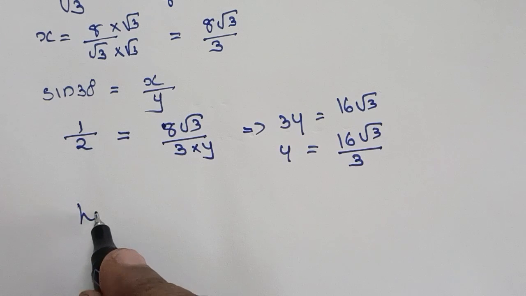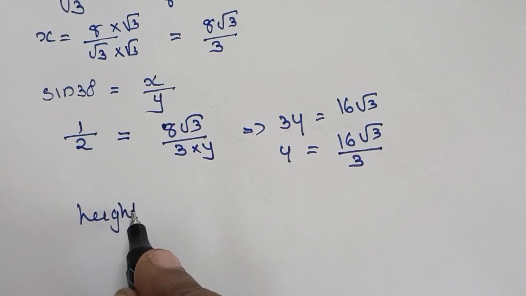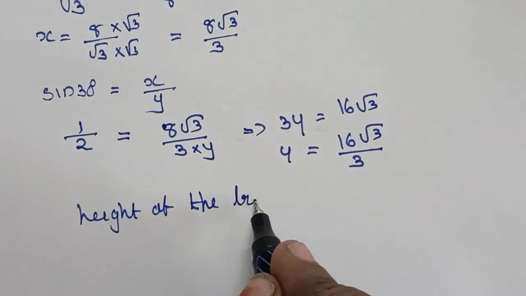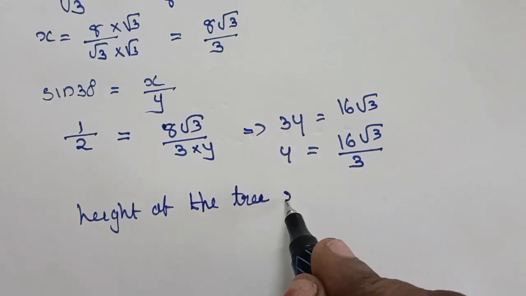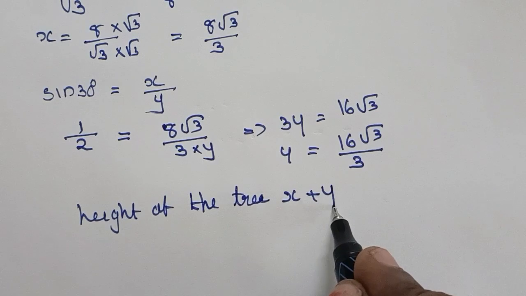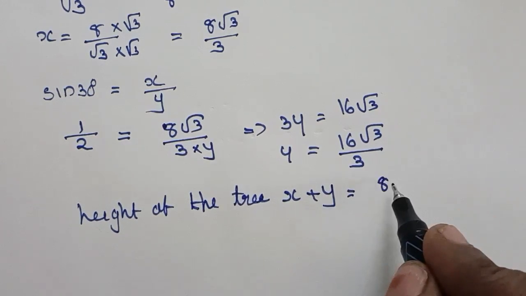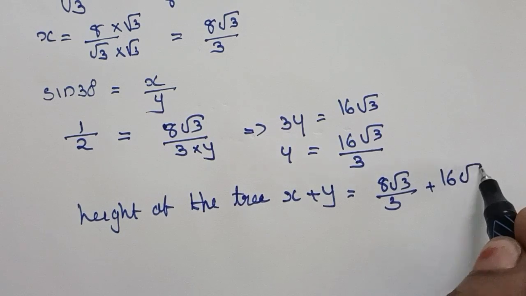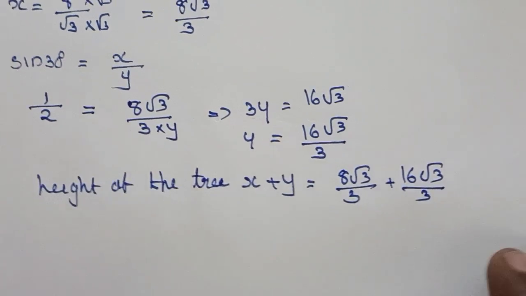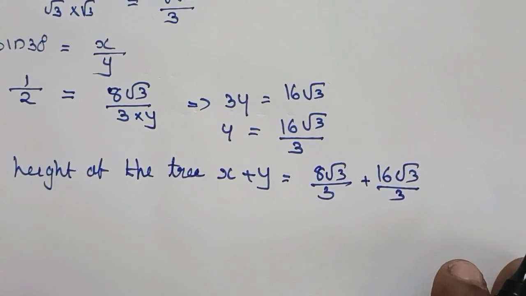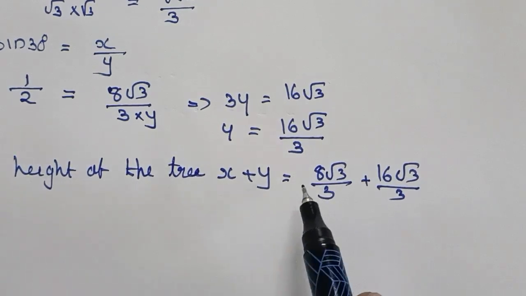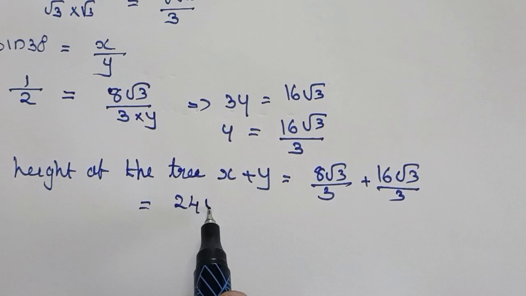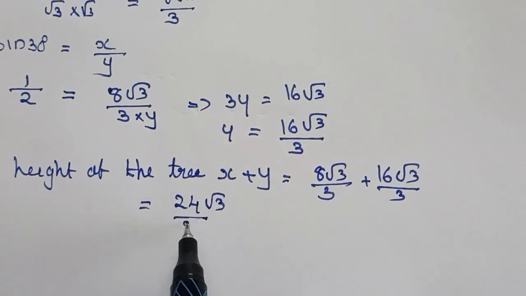Now, height of the tree equal to total height, it is x plus y. x plus y equal to 8 root 3 by 3 plus 16 root 3 divided by 3. 8 plus 16, that is equal to 24 root 3 divided by 3.